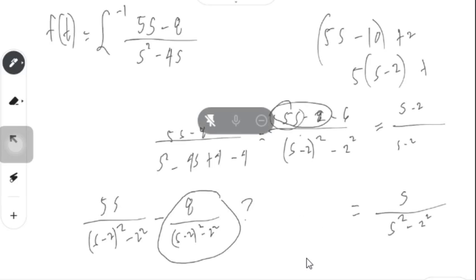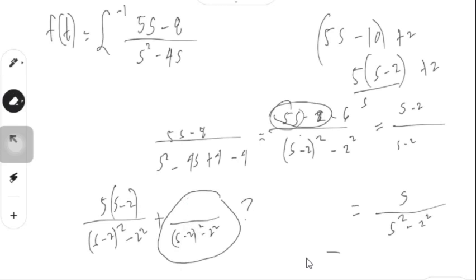Saka po yung theorem 1 na. Ito na yung numerator natin, tapos ito yung denominator. Pagka in-apply mo yung theorem number 1, ito yung magiging 5s, then 5(s minus 2), then ito magiging plus 2.